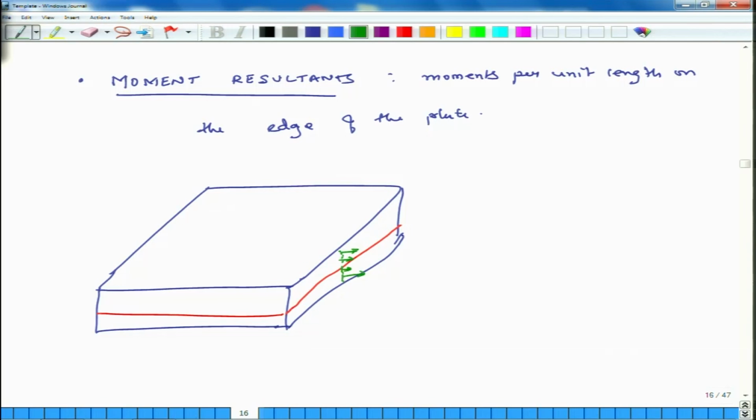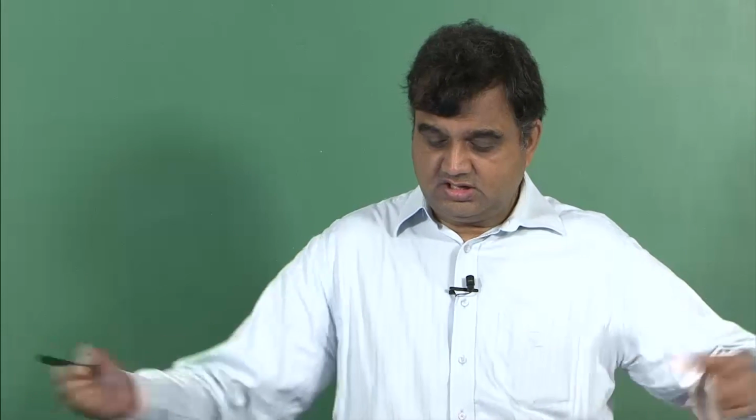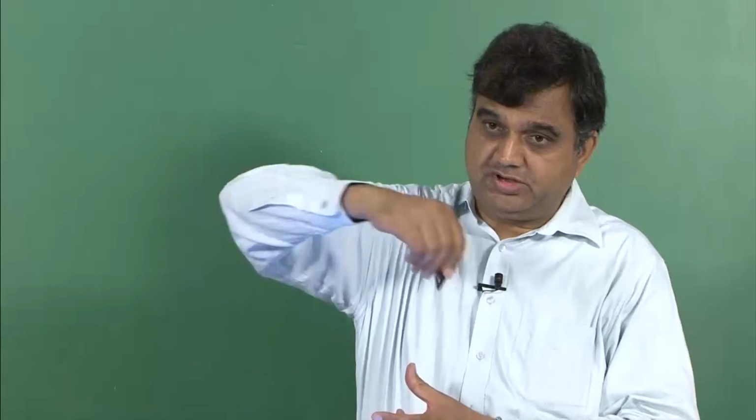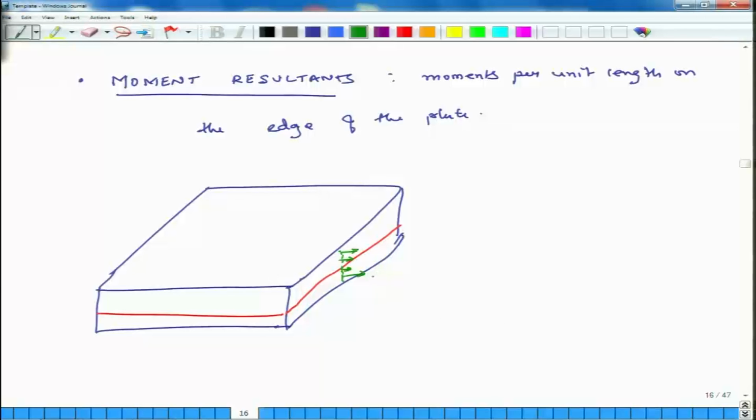As sigma x varies, what will it do? It will cause the plate to stretch, and because it is not constant across the whole thickness, it will also cause the plate to bend. So, this sigma x, which is varying in the z direction along this vertical line, causes two things: stretching and bending.